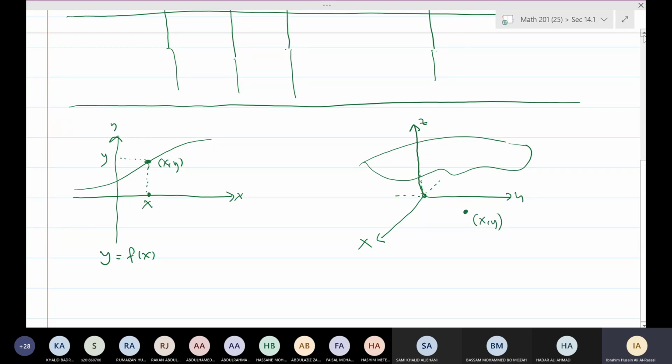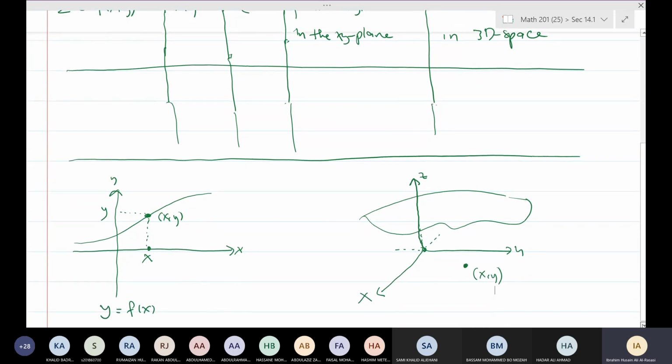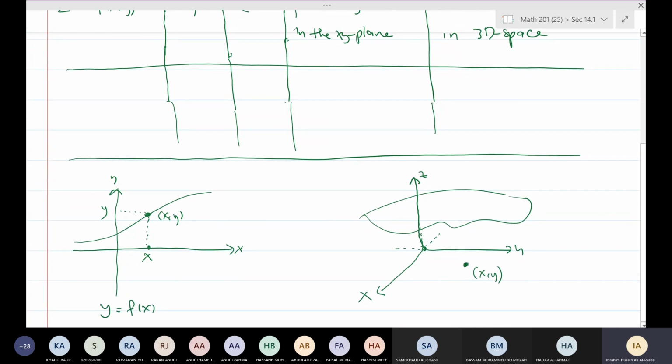Look here. Domain points X, Y in the XY plane form a point in the XY plane. Now for the range value, when you substitute X and Y, you get a value Z. So you have a point on the surface: X, Y, this is the domain, and Z, the third coordinate.